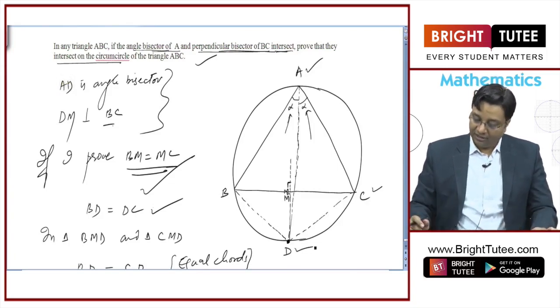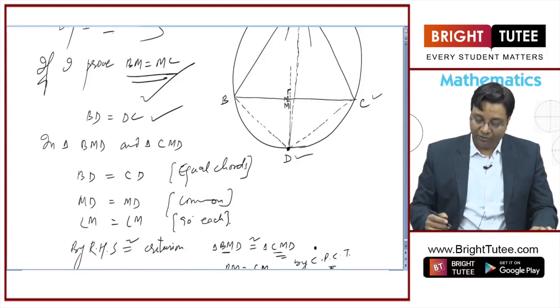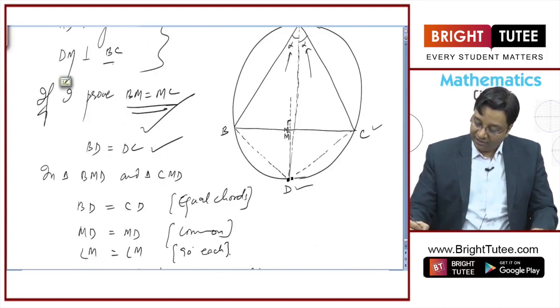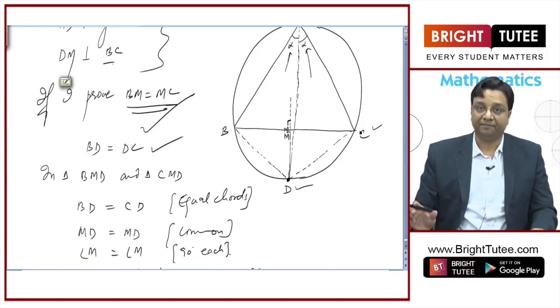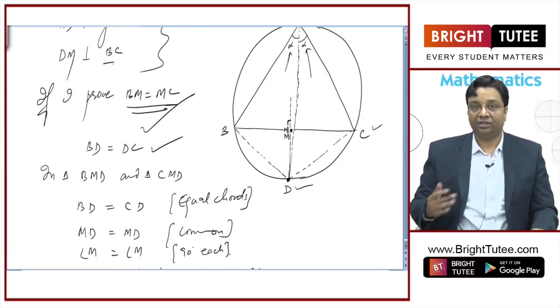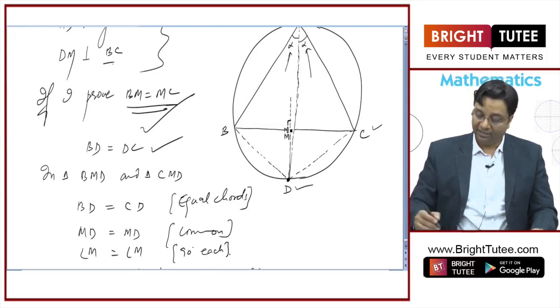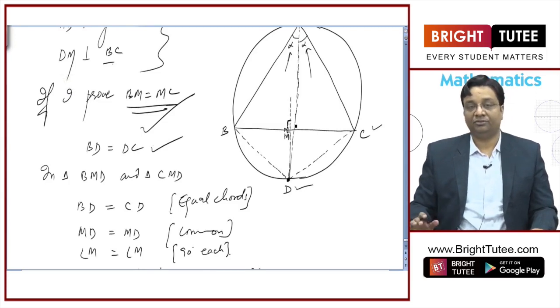Another way that you could have proved it, you could have imagined that you take a bisector of this side BC. If you join D with side BC, you could have assumed it to be the bisector, and then you could have proved that this angle is 90 degrees. This was another way of proving it, and that is equally easy.